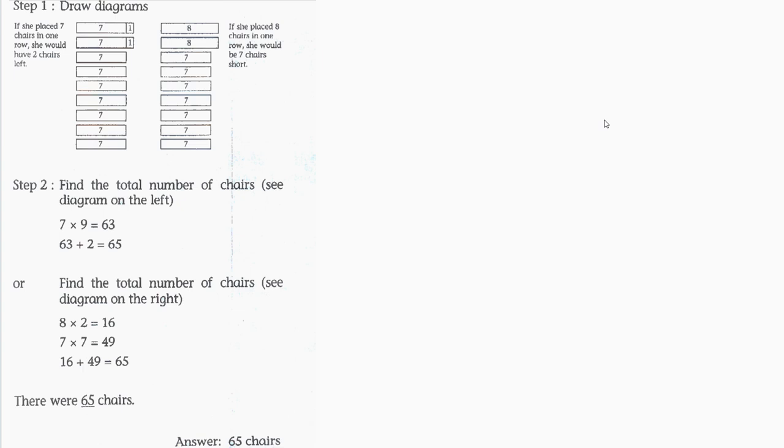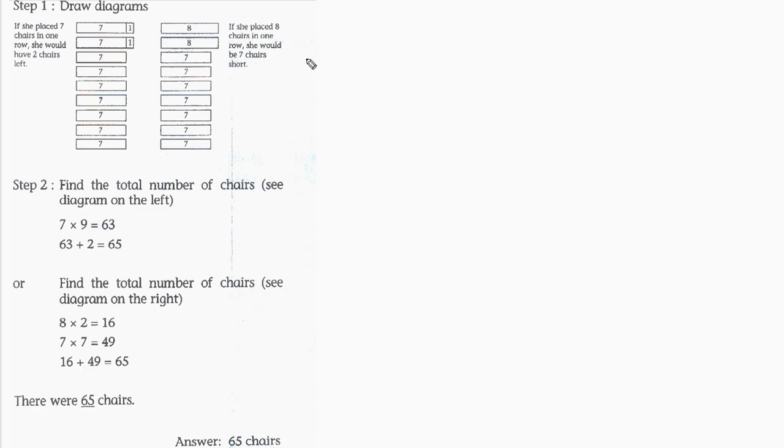Now, the reason why I wouldn't have picked this as my first solution is because I wouldn't have known where to start, how many rows to draw. And we need to think about why they've got 9 rows, 1, 2, 3, 4, 5, 6, 7, 8, 9. But how would they have known to draw the 9 rows? But I think it's still interesting to look at this diagram.